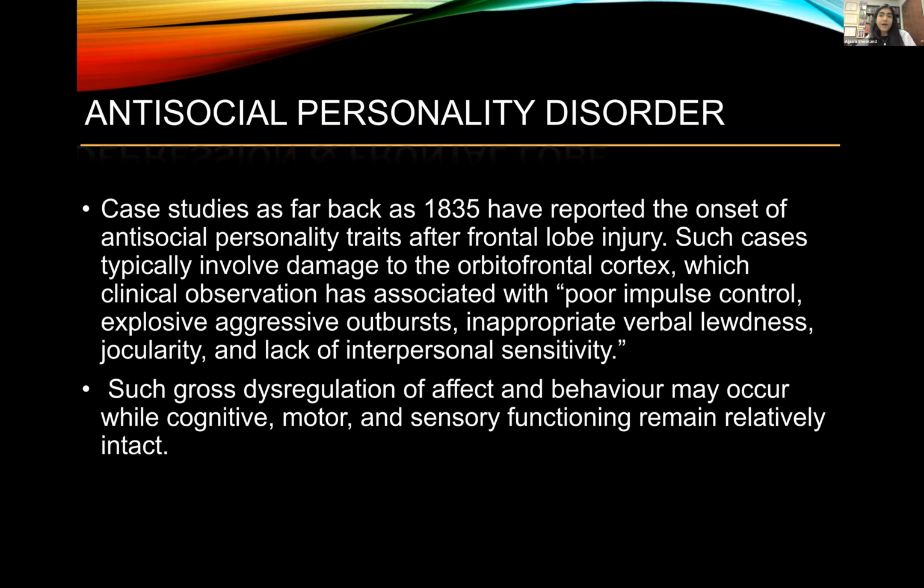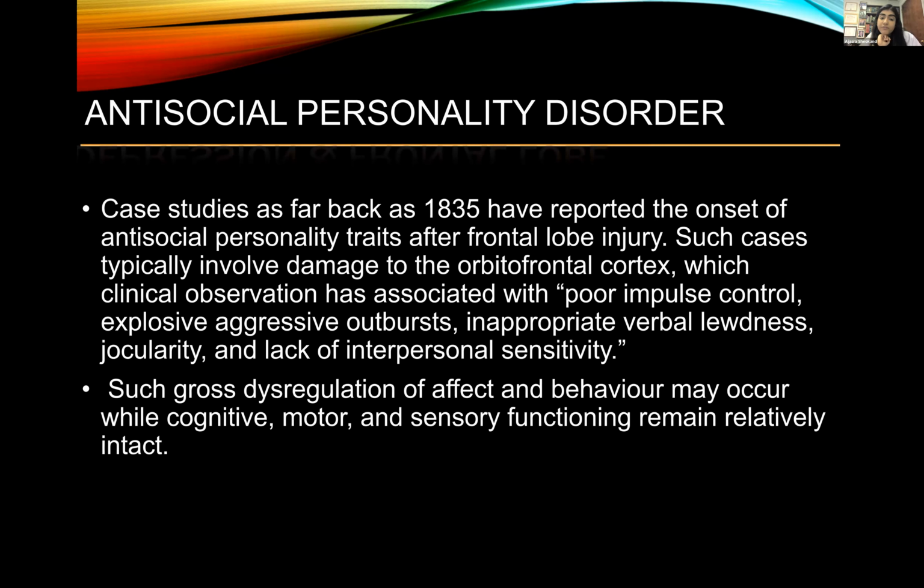Lastly, as I had previously discussed about antisocial personality disorder and how it might in some way be associated with the functioning of the frontal lobe, and these people having an impairment in their frontal lobes. So case studies as far back as 1835 have reported the onset of antisocial personality traits after frontal lobe injury.